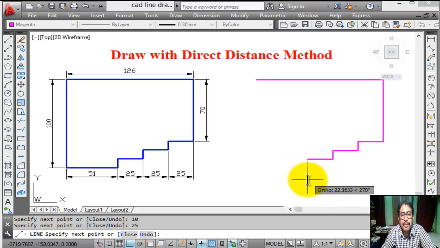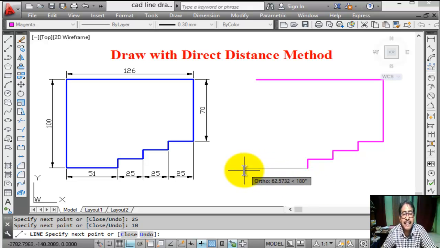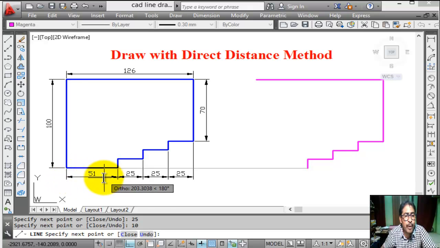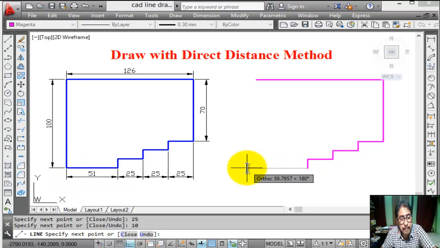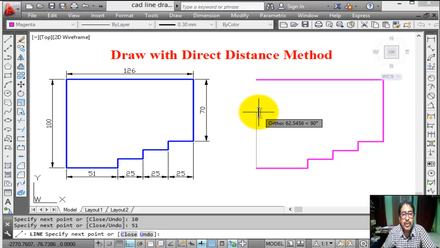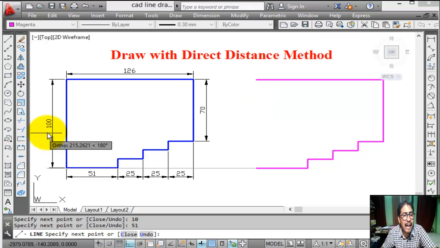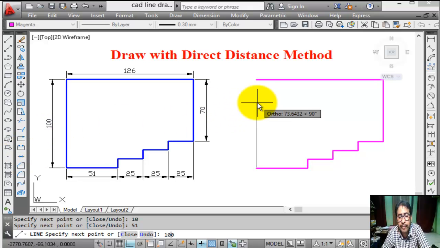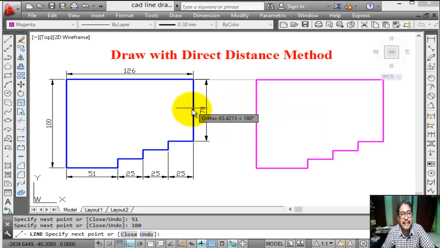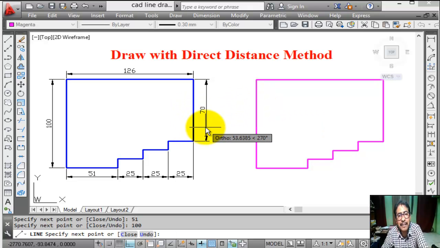Next, mouse in bottom side, we type just 10 and enter. Next, mouse in left side, we type 51, enter. Next, mouse in top side, then type just 100. Okay, then again enter.